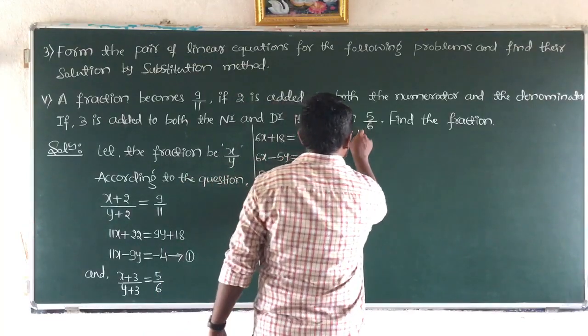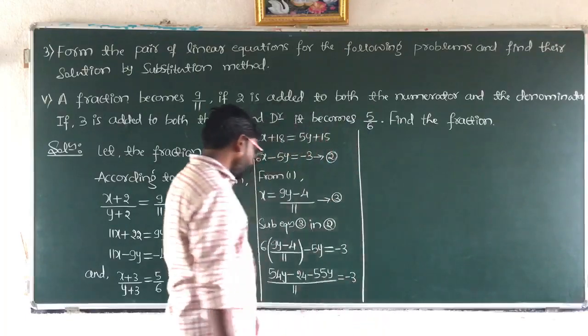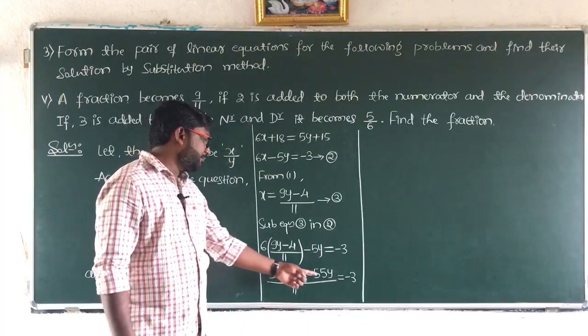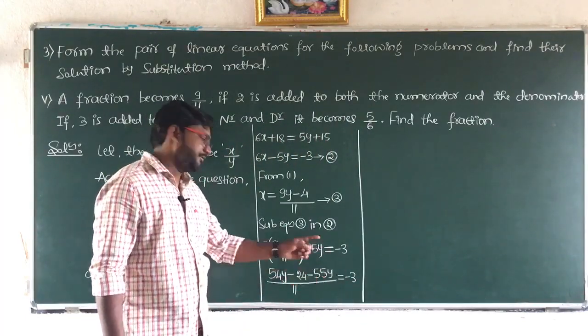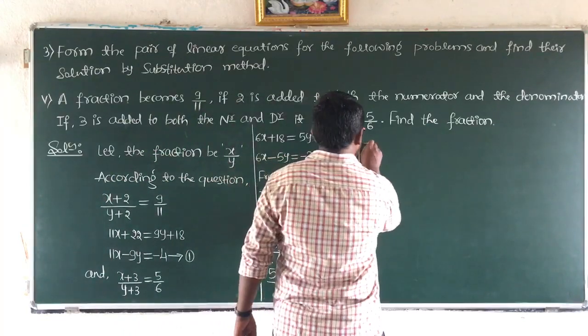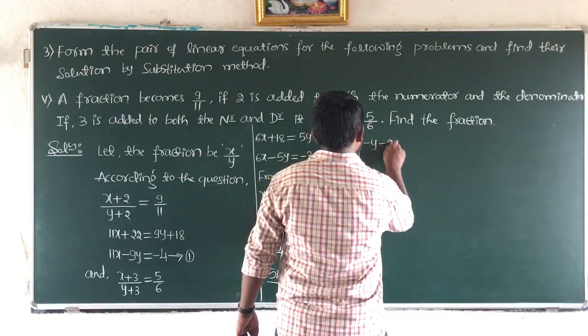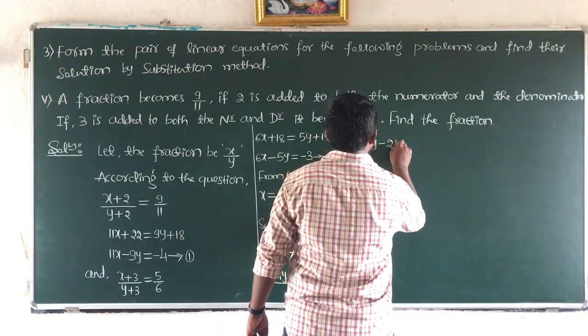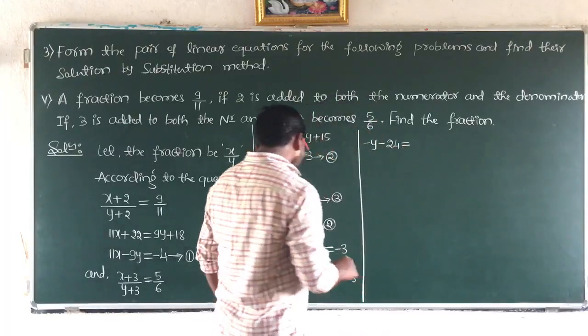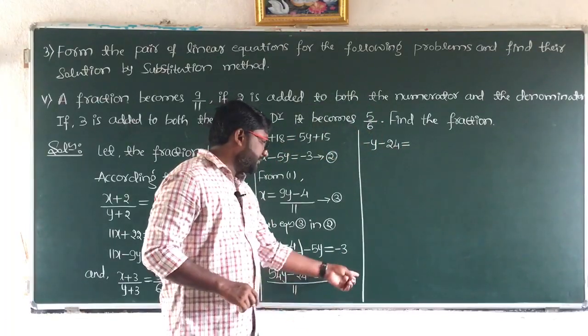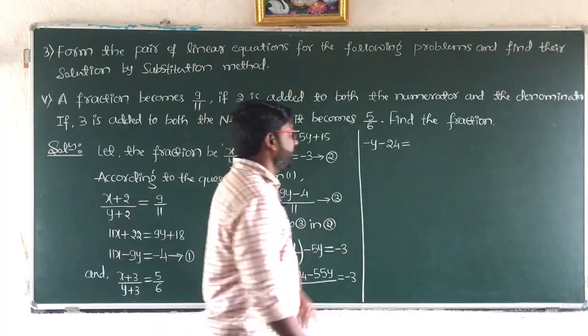Then simplify this further. See here, 54y minus 55y will give us minus y. So minus y, and then minus 24, which is equal to, take 11 to the RHS, multiplied with minus 3, we get minus 33.